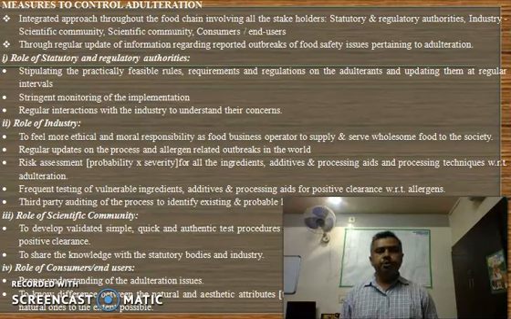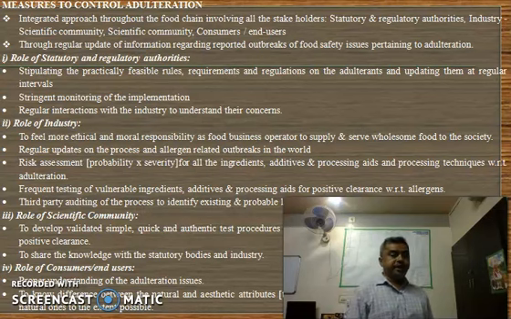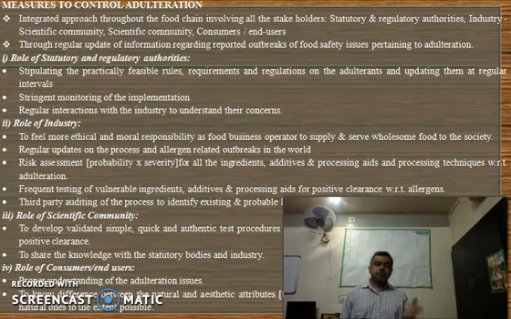You have to interact with them. Otherwise, the statutory and regulatory authority should have a role, but some in-between ways are also possible. So to check this, it is required.